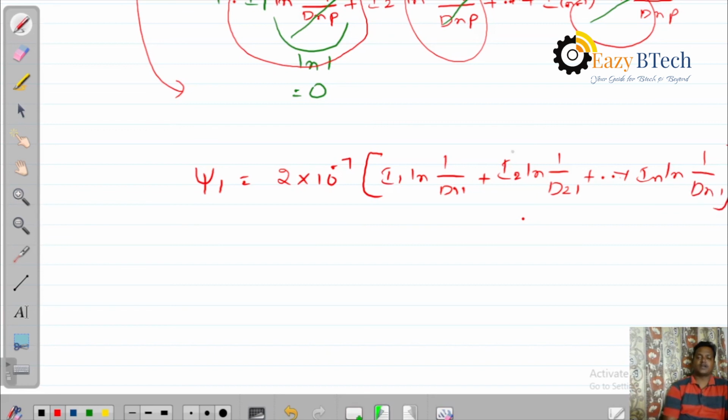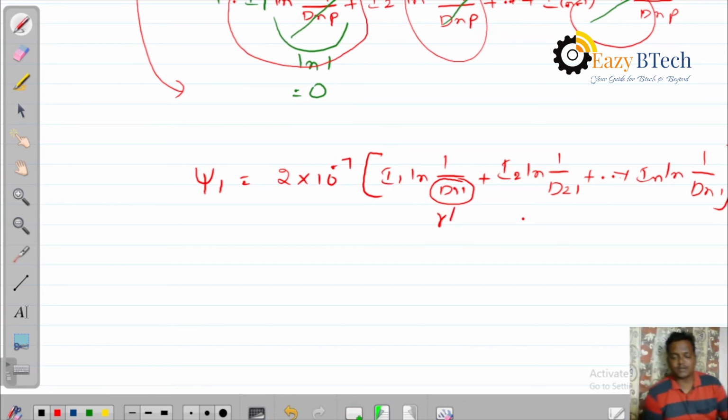Okay, we can write this d11 is also the self distance of the conductor, it is r dash. The self distance is r dash. Okay, compact form of this expression, we can write.